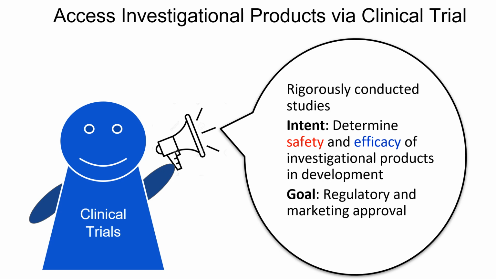So the first one is clinical trial. Clinical trial is the main route of access to unapproved products. Clinical trials are highly organized, rigorously conducted studies to test a hypothesis. The intent of a clinical trial is to determine the safety and efficacy of investigational products, and really the goal is to generate the evidence of safety and effectiveness and ultimately bring products to the market.